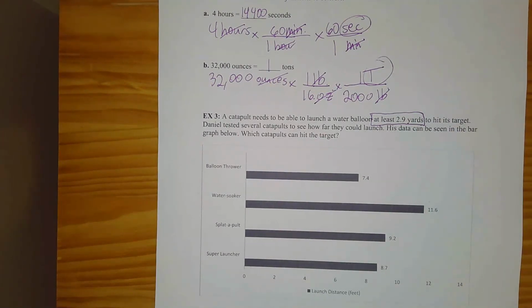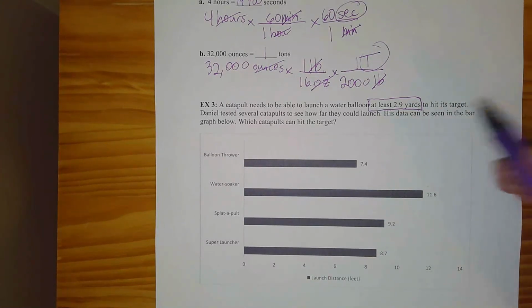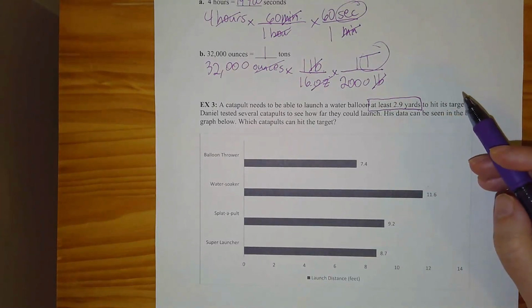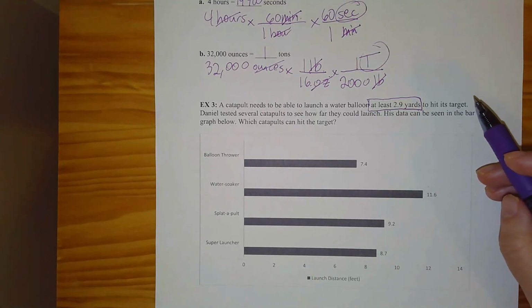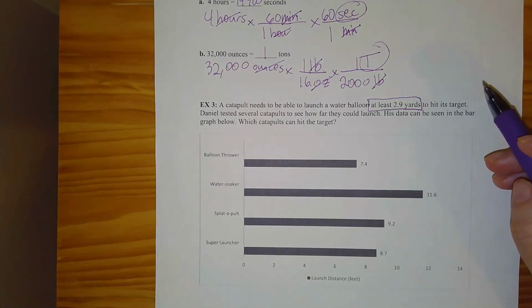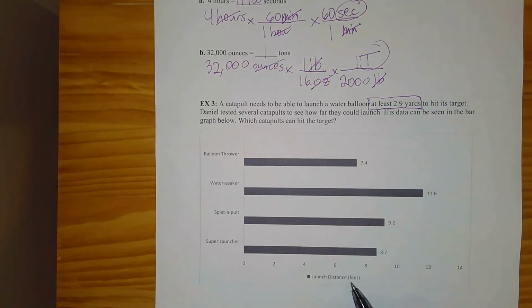So I'm going to let you guys have a second. Go ahead and pause your video. See if you can convert all 4 of these to yards so that we can compare them to the 2.9. So go ahead and pause your video. And we're going to go over the answer here. In 3, 2, 1. So for each one of these, you should be going from feet to yards.